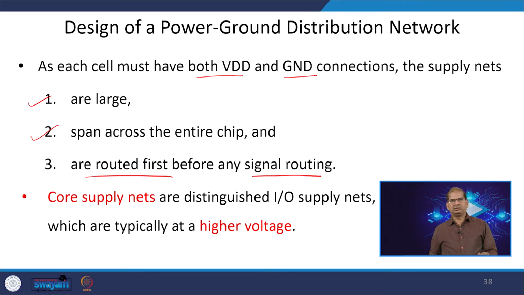Signals have multiple ways you can route them, but power has a dedicated network that should be routed first before you go for the signal routing. There is no compromise in the power and ground distribution network. So, we first fix our power and ground network before going to the signal routing.